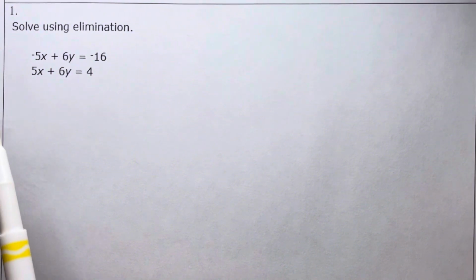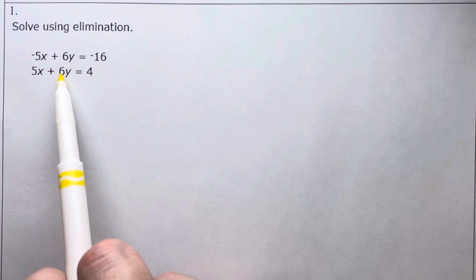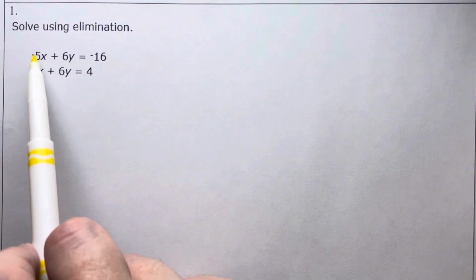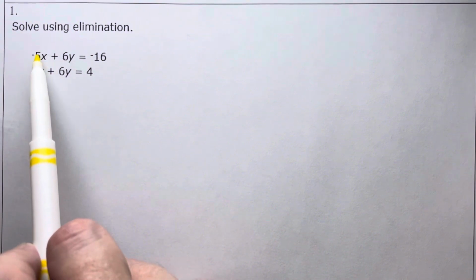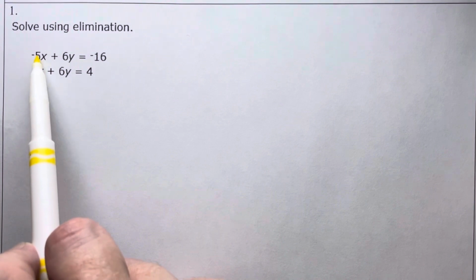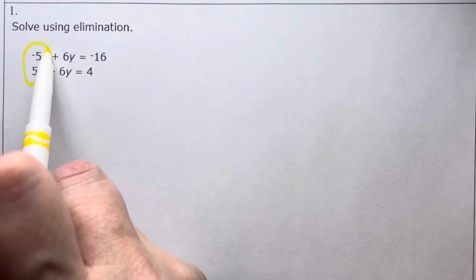So this is an interesting little example to start with. Our y's both have 6's, but they're both positive, so that's not going to work for what we need. Our x's, however, both have 5's, and one is negative while the other is positive. This is exactly what we need.